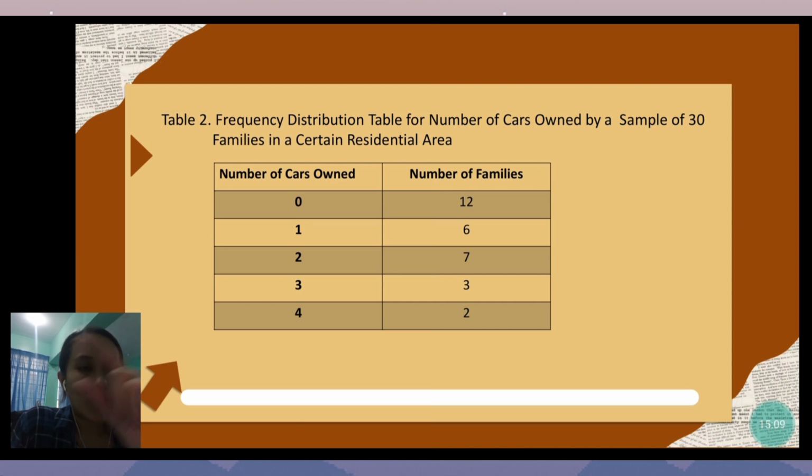Next row, there are 6 families that own only one car. For the third row, there are 7 families that own 2 cars. Next, there are 3 families that own 3 cars and 2 families that own 4 cars.